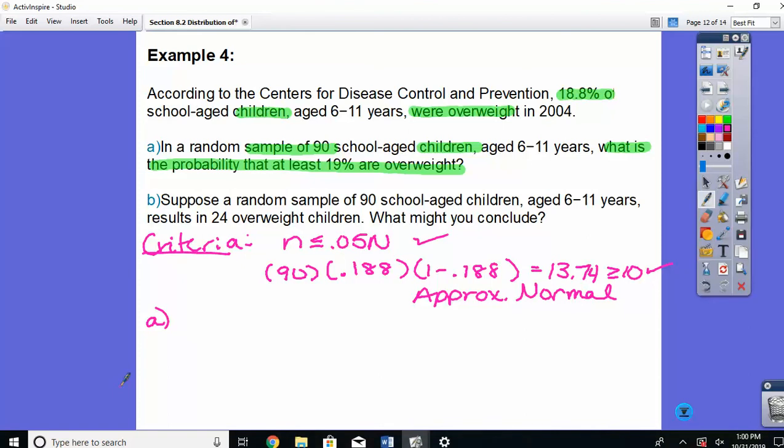We need our mean and standard deviation to be able to work these problems. So the mean of p hat is going to be what? Standard deviation of p hat is the square root of p times 1 minus p over n, which was 90 children.